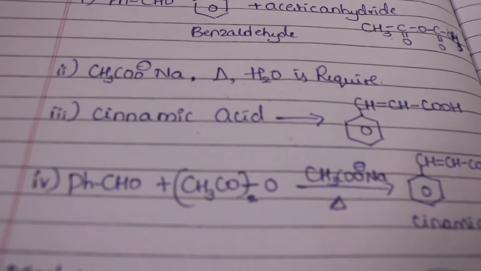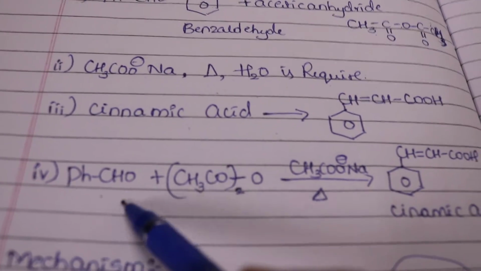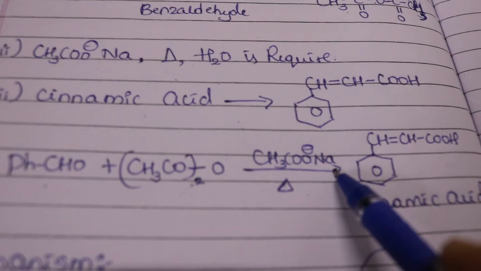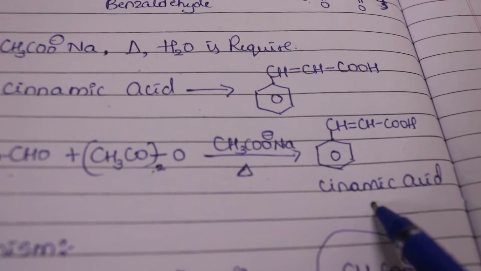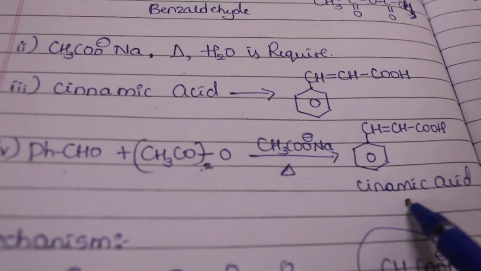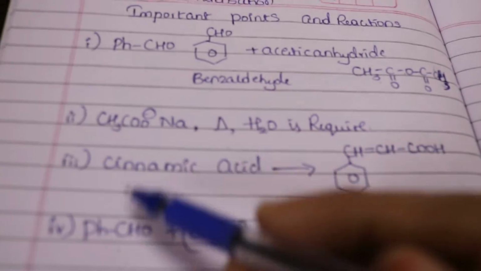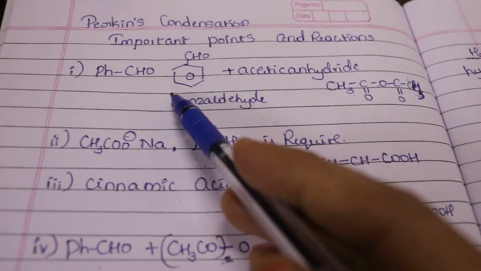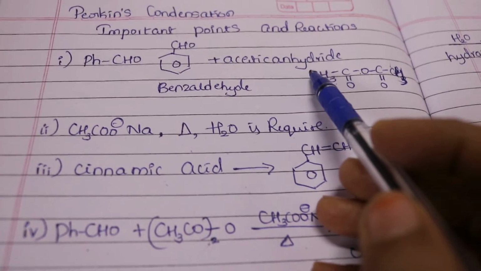Next, in a simple reaction we can write it as: when benzaldehyde is treated with acetic anhydride in the presence of heat as well as the sodium acetate reagent, it forms cinnamic acid. These are the points required for the Perkin's condensation. One is benzaldehyde and acetic anhydride.